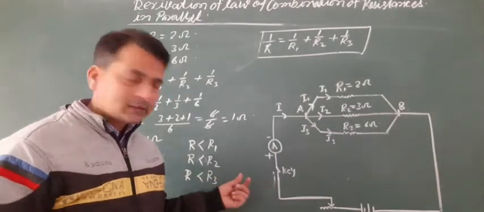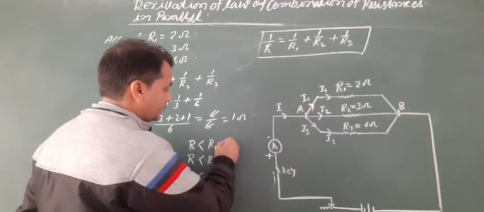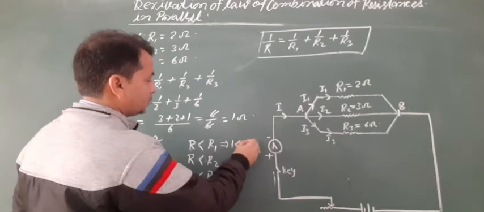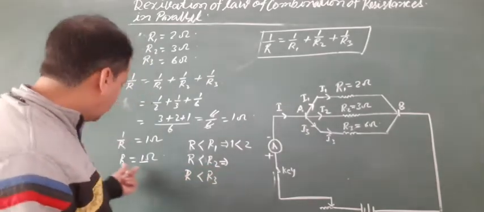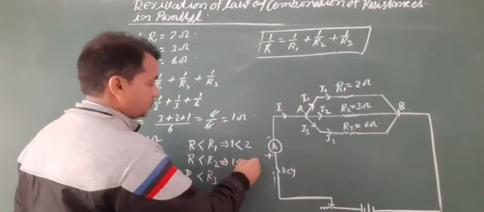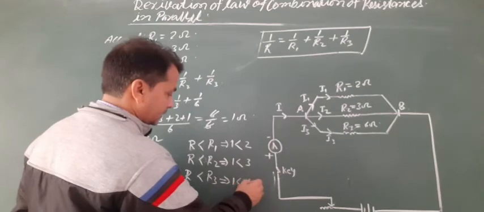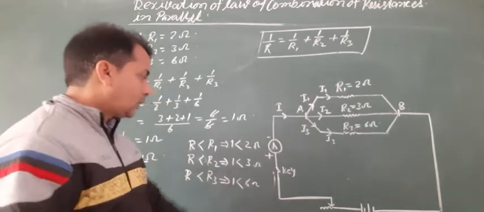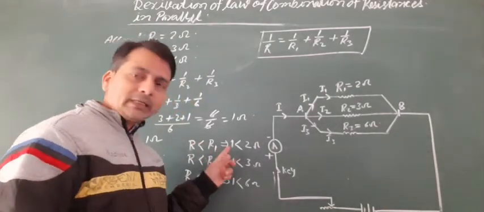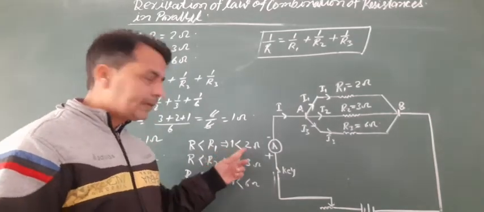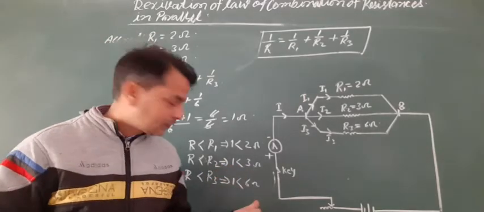The equivalent resistance is 1, and R1 is 2, so 1 is less than 2; 1 is less than R2, which is 3; and 1 is less than 6.